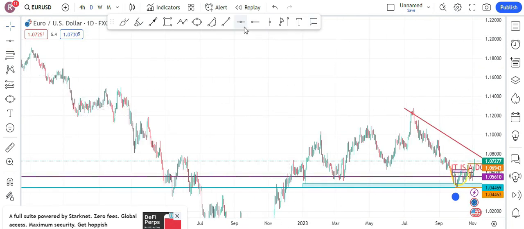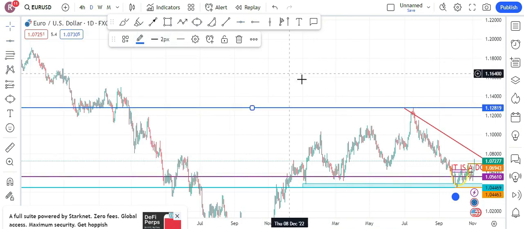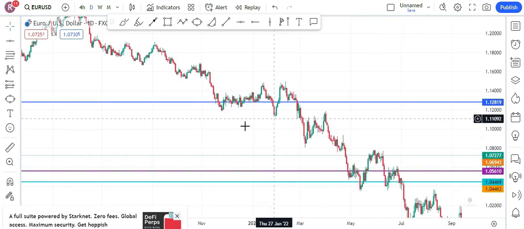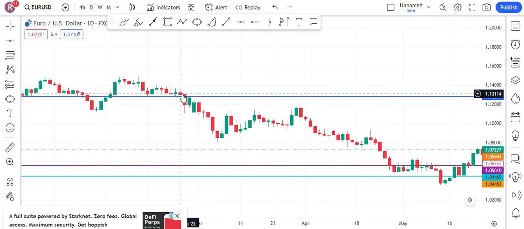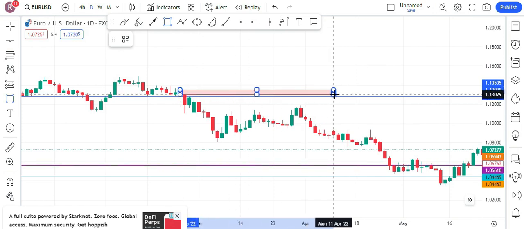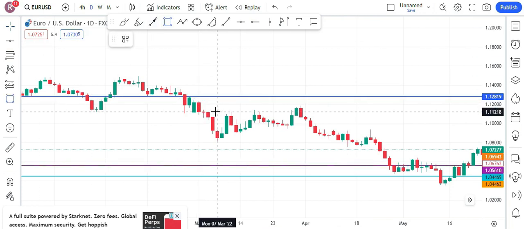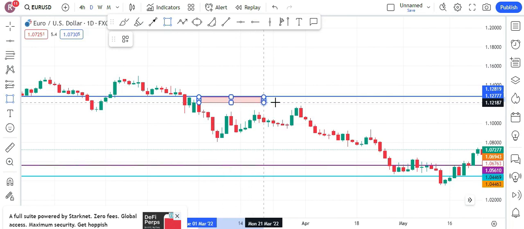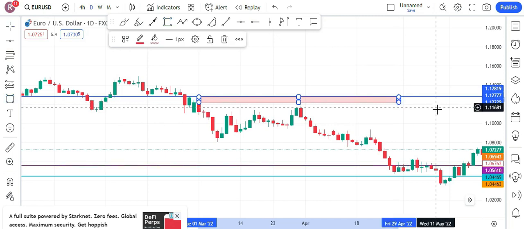If we put the mark here, let's put the marking here, make it blue, and let's visualize. You see here, this is the thing which created the double top in the day. So if we mark it like this, I beg your pardon, this is the place which created it.